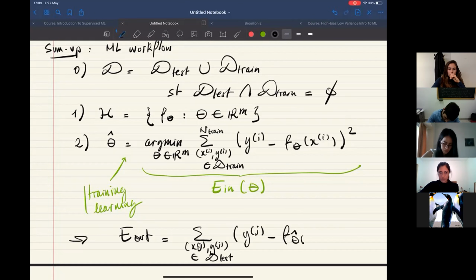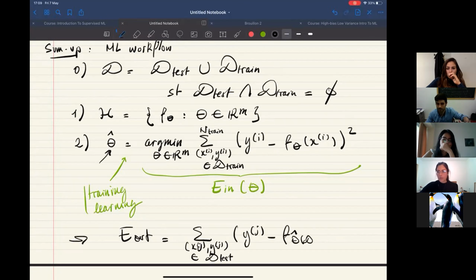And of course, keep in mind that these parameters that we obtained are a function of the training set, because they were obtained as the minimizer of the cost function evaluated on the training set.